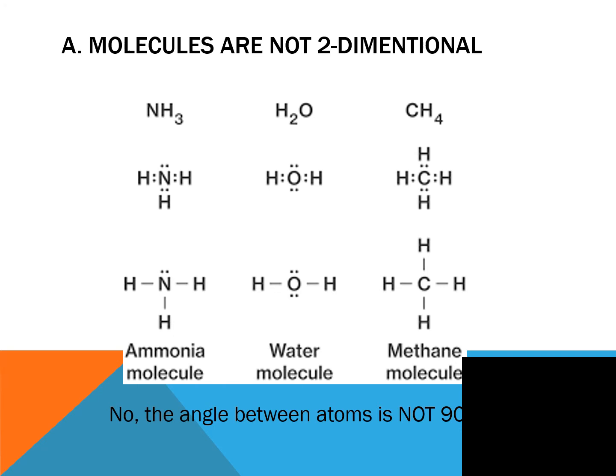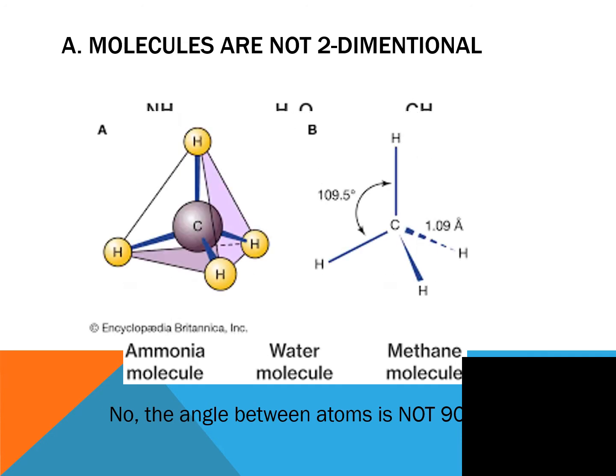So please do not ever use 90 degrees for a tetrahedral shape. They actually are 3D. So in methane itself, or any tetrahedral shape, you're looking at 109.5 degrees as the bond angle between the outside atoms and the central atom of carbon.